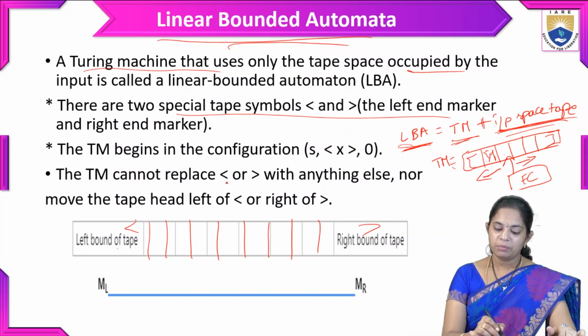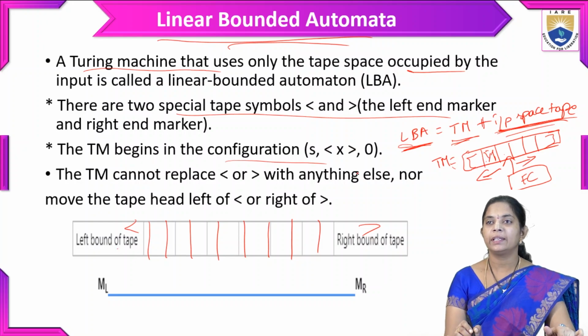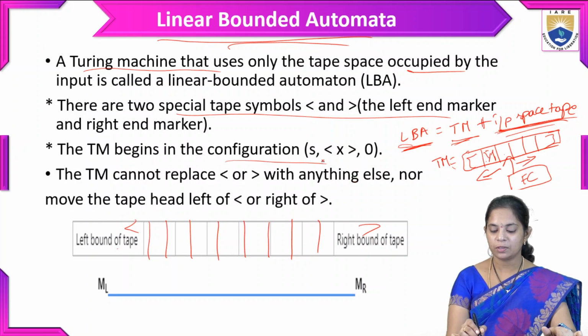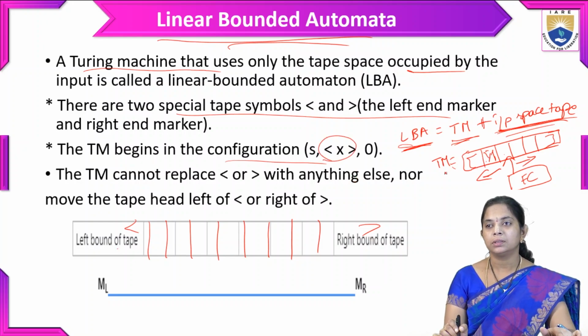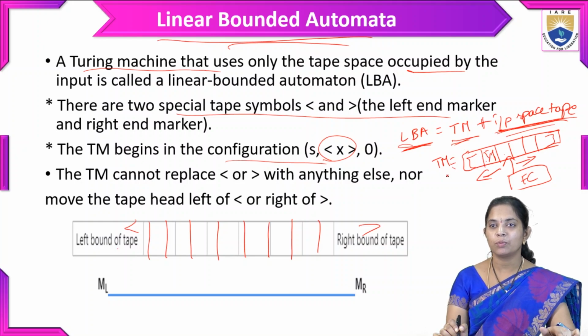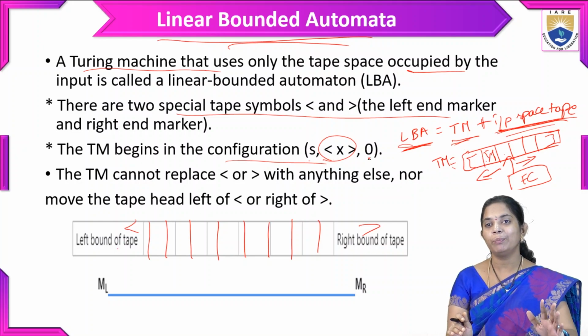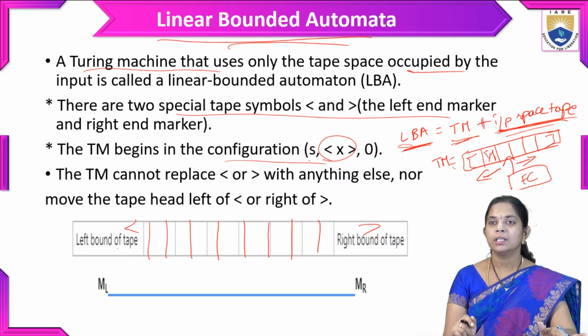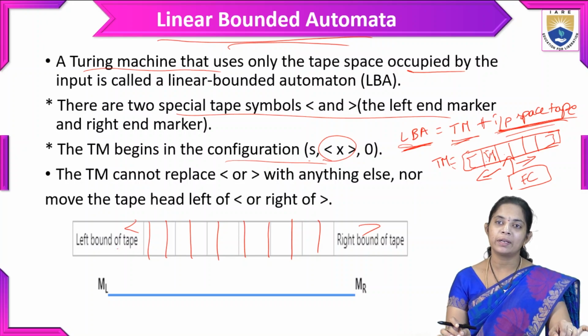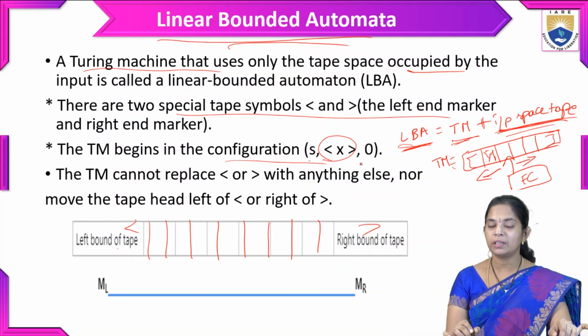The Turing machine begins in a configuration like so: S is the start symbol, and the input string we have taken is in between the two markers, the left hand marker and the right hand marker. Initially we represent the infinite tape with Z naught like that.